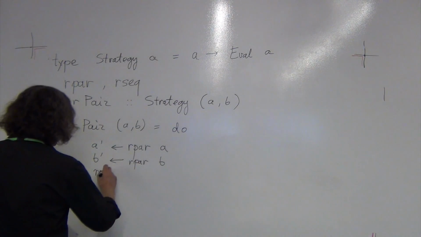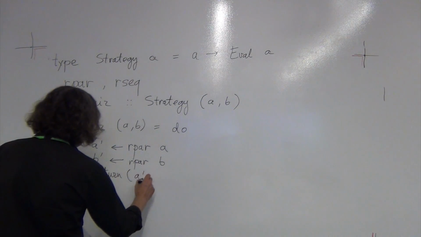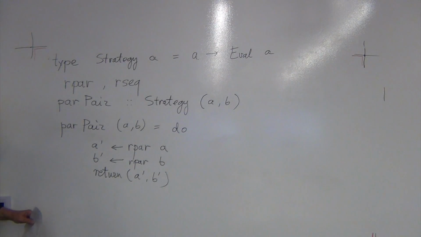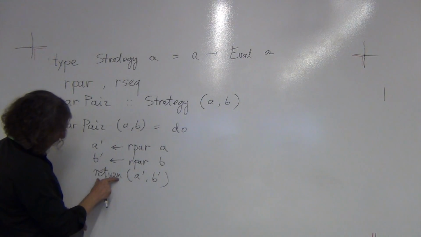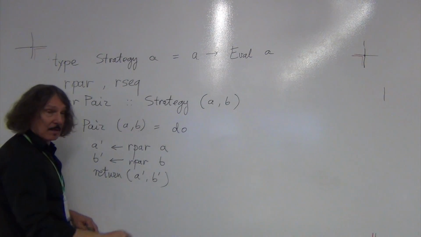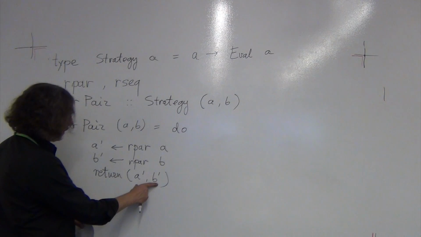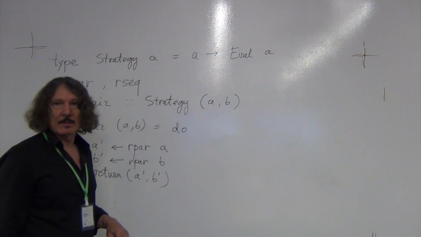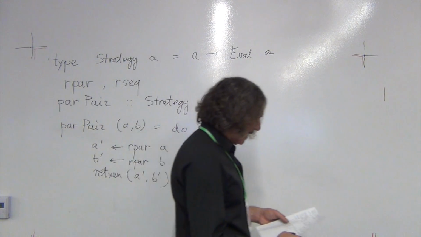And then we have to return this new pair, A prime, B prime. That's it. Right? So that's a strategy for evaluating pairs. You give it a pair and it produces, because it's a return, an eval of a pair as we wanted. But it sparks, in the meanwhile, A and B. So that's a nice way of evaluating a pair.